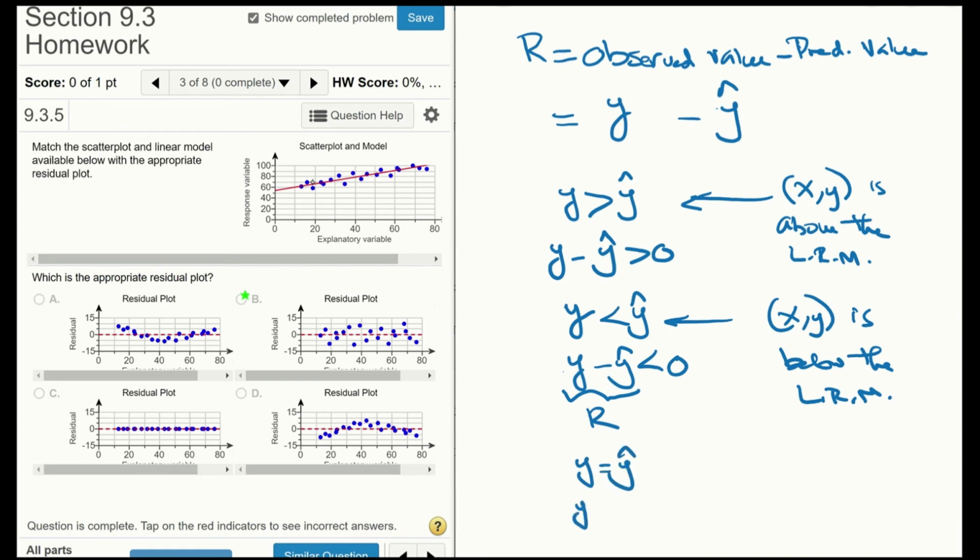So that means y minus y hat, which is the residual, is going to be 0. So this is when xy is on the linear regression model.